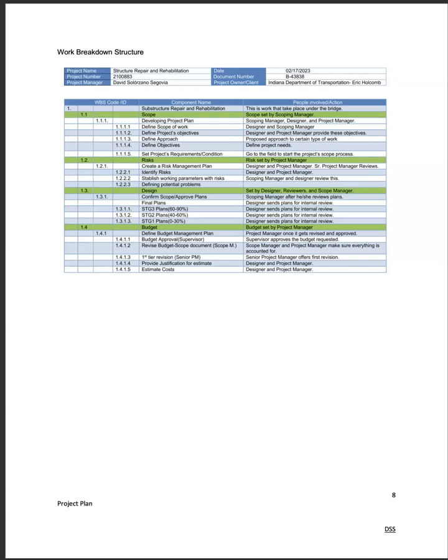And I have broken this down in 4 different categories. The first one is scope, and how everything starts with understanding the project requirements and how it escalates a little bit into creating the project plan or the scope at the end.